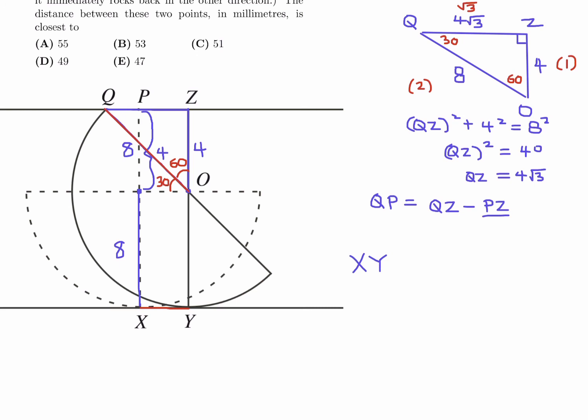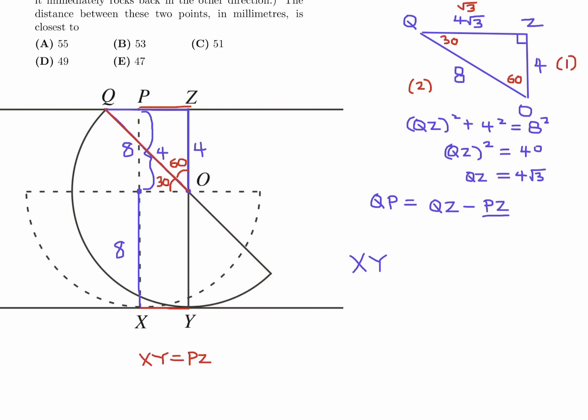XY, this distance that this semicircle travels, initially it was right here at X when it was touching the base, but then once it tilts, it touches the base at Y. And we want to know what is the distance between X and Y, because X and Y are similar to P and Z. If we can figure out the distance XY, XY is the same as PZ, and that is what we want to figure out.